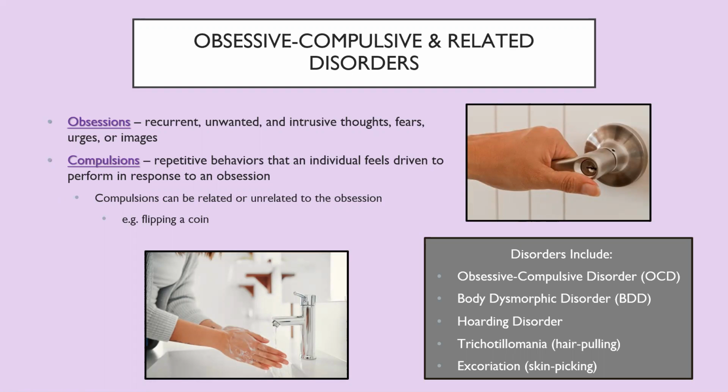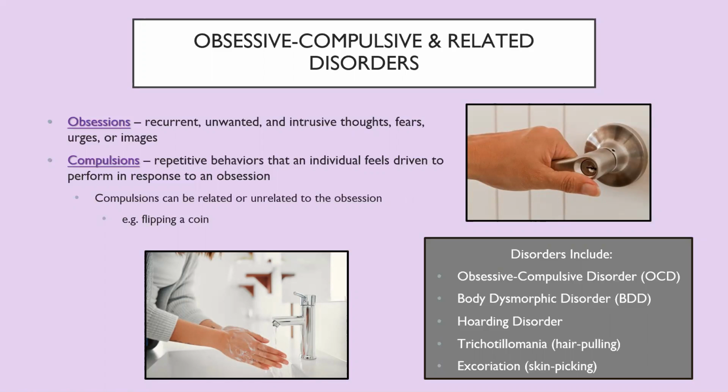credits. Okay, so the next section we're going to talk about are obsessive compulsive and related disorders. And these are characterized by, it's in the name, obsessions and compulsions. Obsessions are recurrent, unwanted, and intrusive thoughts, fears, urges, or images.